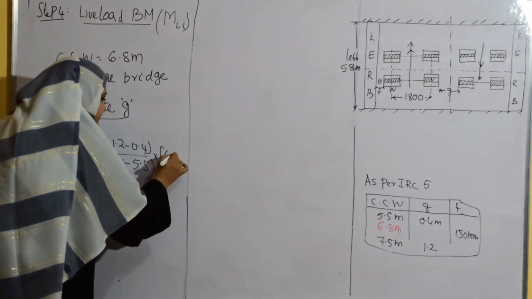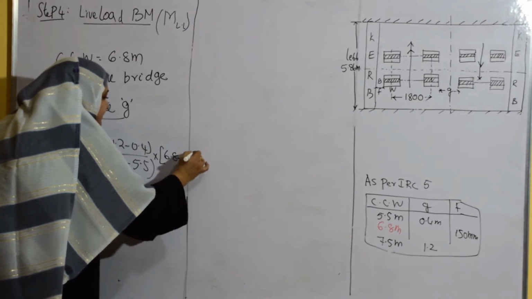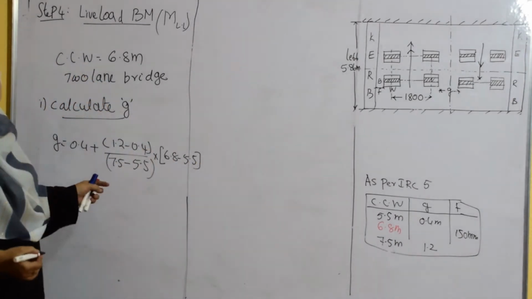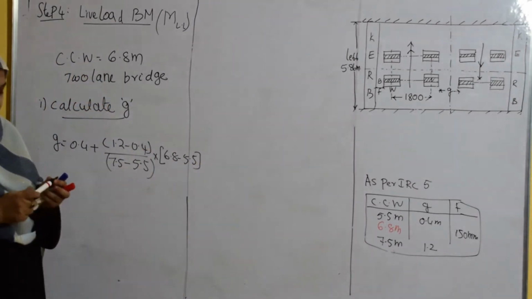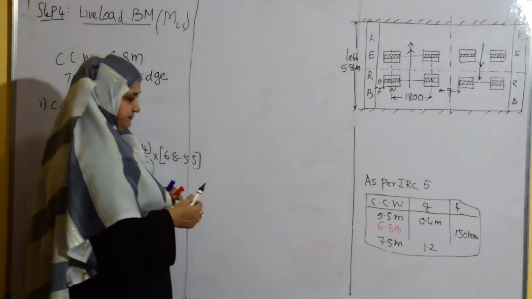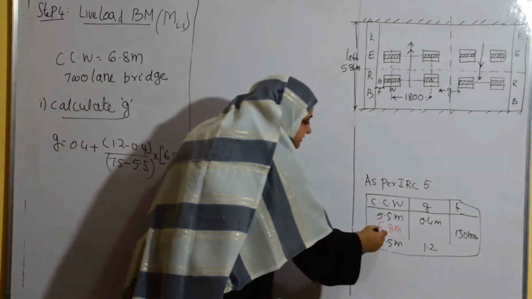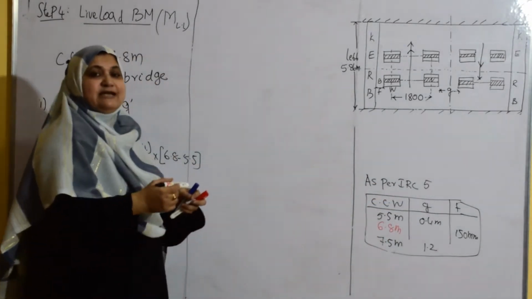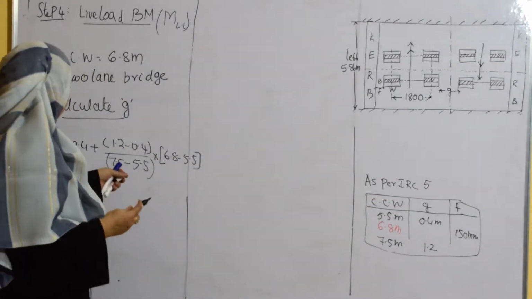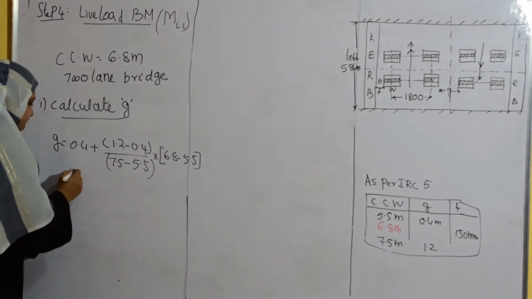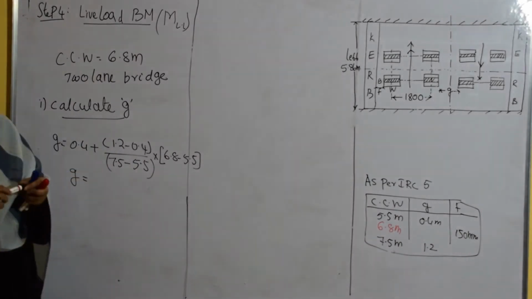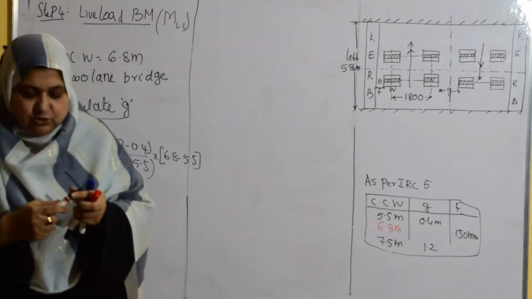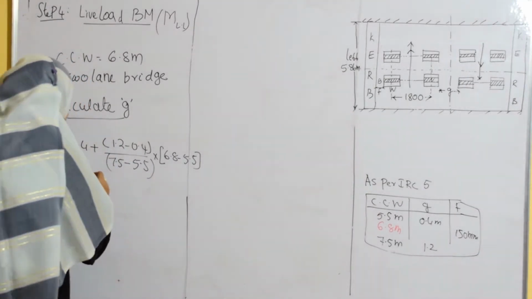If you remember the interpolation formula, you can easily calculate it. Using this, I got the value of G as 0.92 meters.